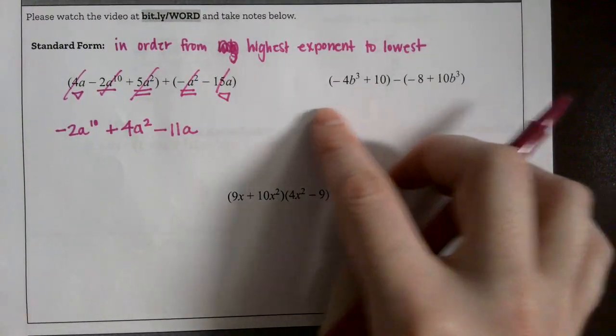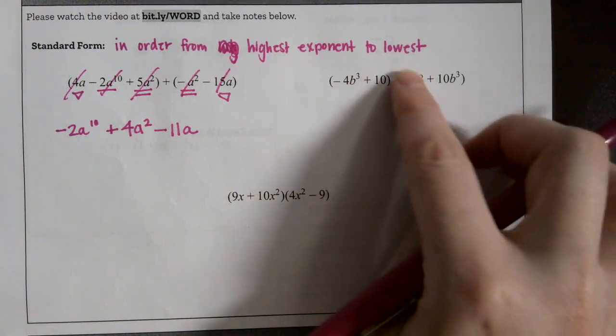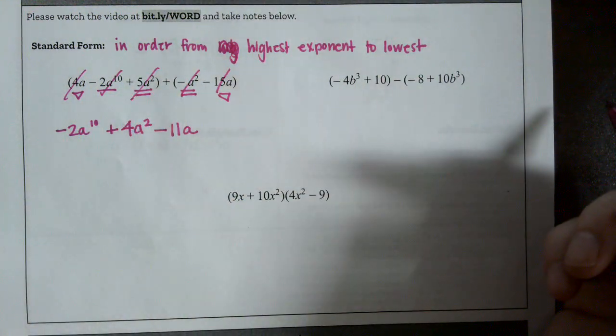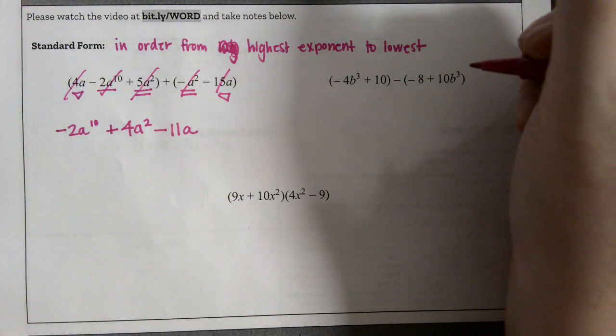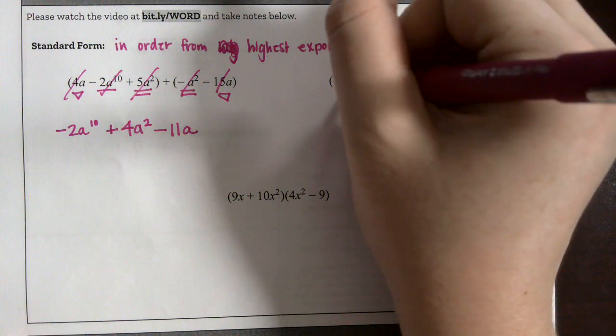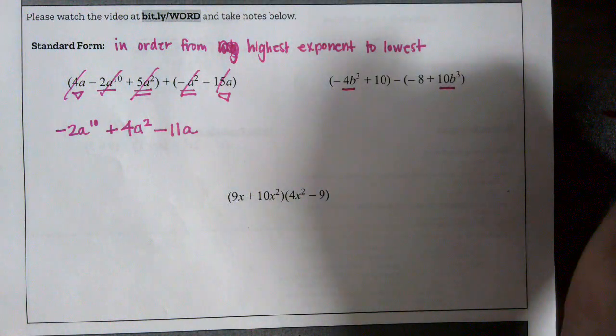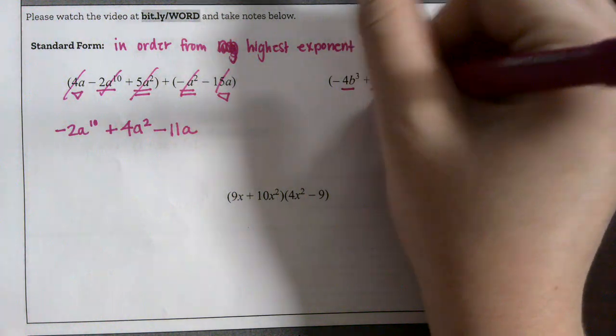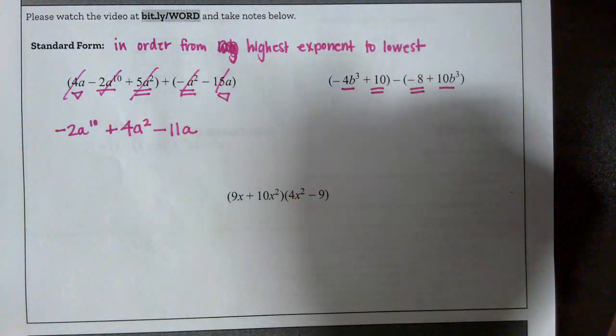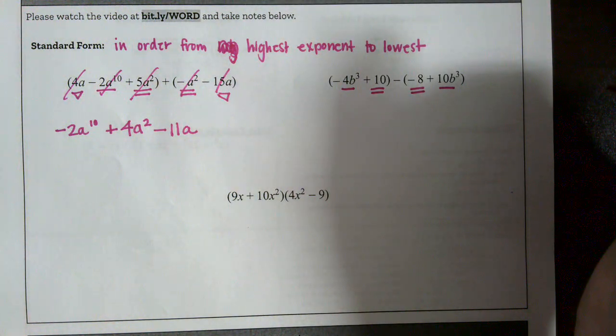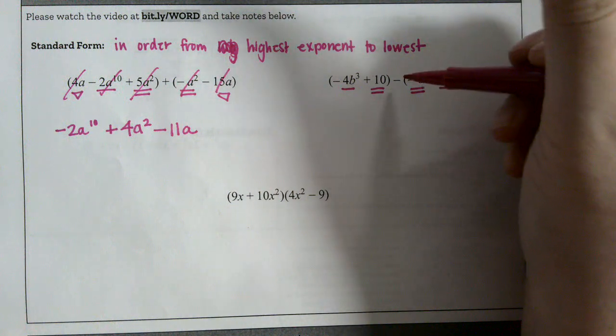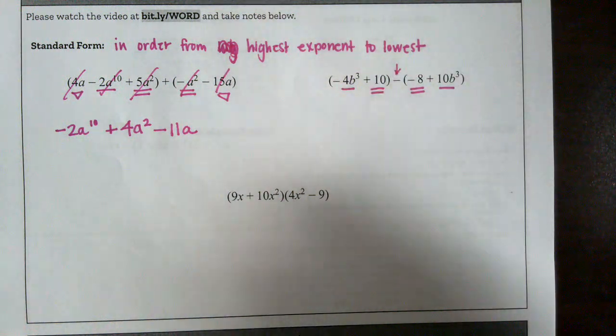Subtraction is super similar, but we're just subtracting our like terms instead of adding them. I'm going to start by underlining my like terms, highest exponent to lowest. My first thing will be these b to the thirds, and second will be my constants. Now I'm going to make sure that I'm subtracting as I do this.